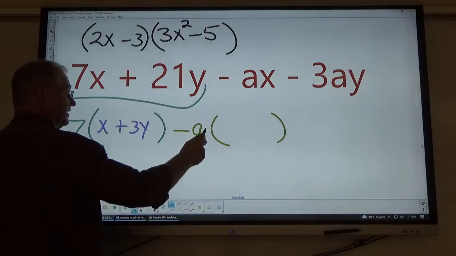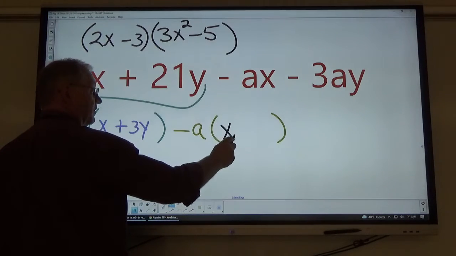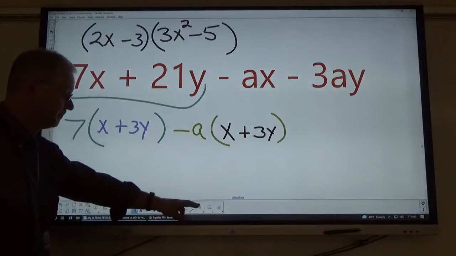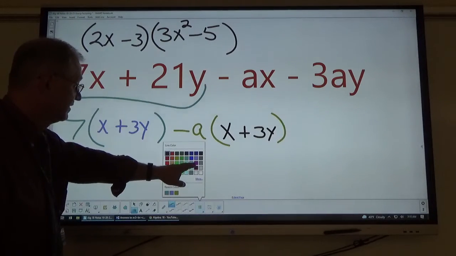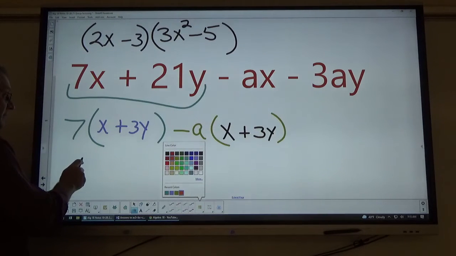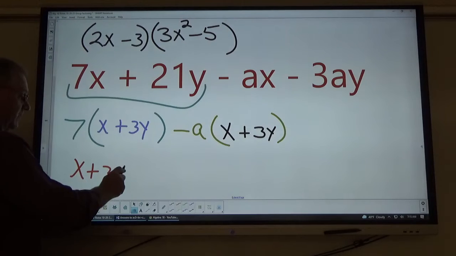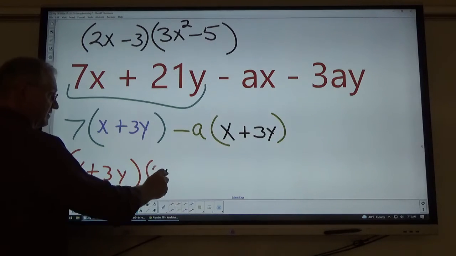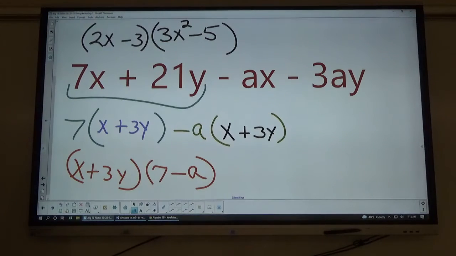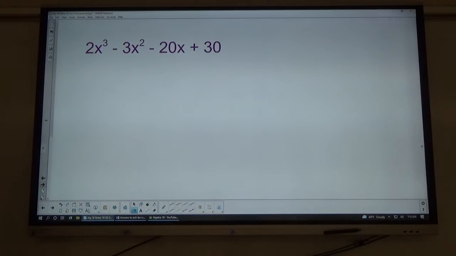That's going to leave me with x plus 3y again. So my final answer here is x plus 3y, 7 minus a. And group factoring is done once again. Last example. Give that one a try, see what you can do.